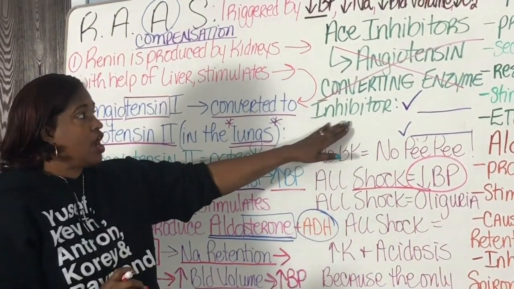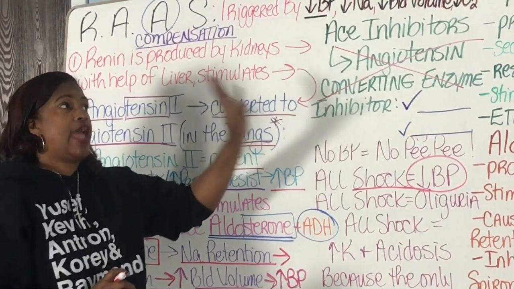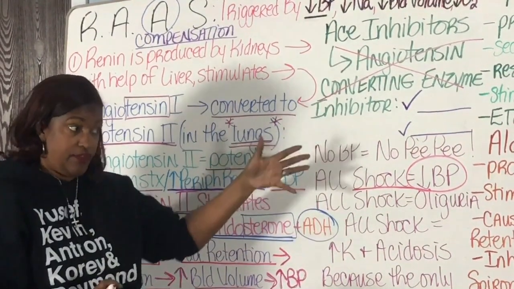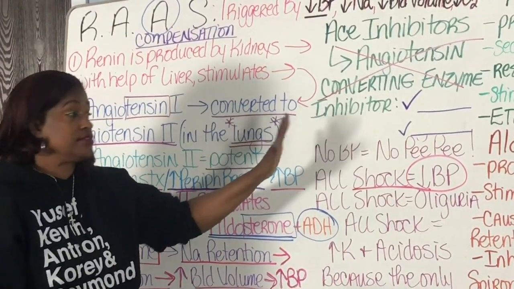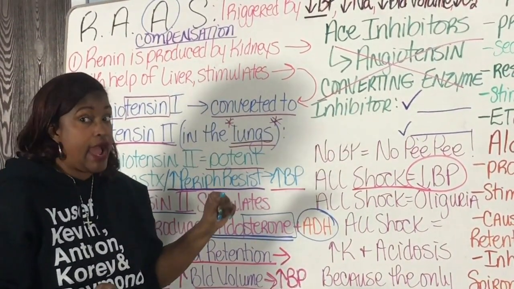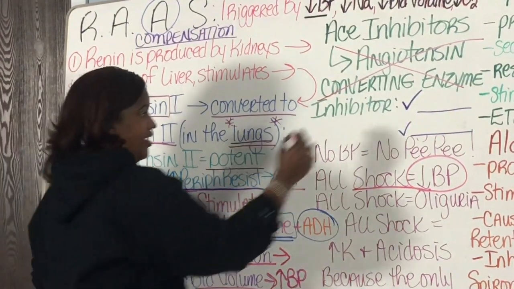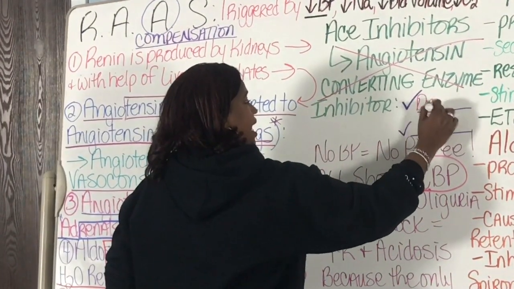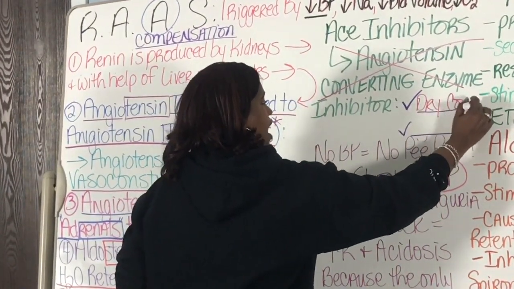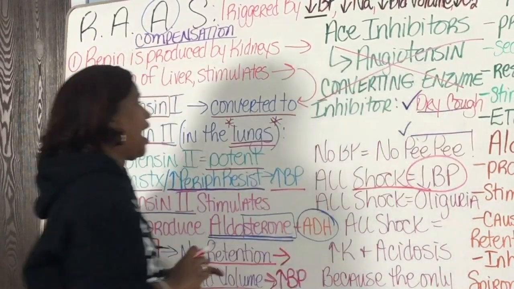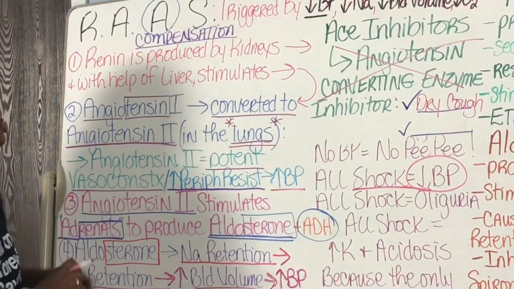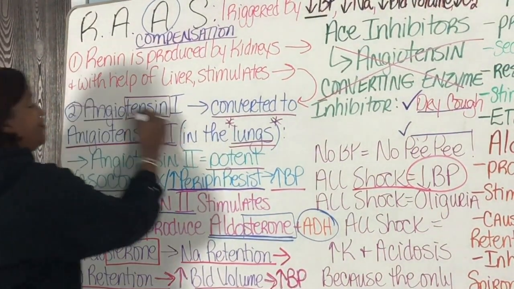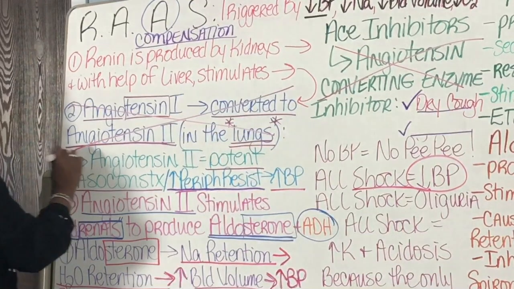Because a patient on an ACE inhibitor, which ends in pril, specifically lisinopril, captopril, and a whole bunch of other drugs, may get that dry cough. They may get that dry cough because these drugs work in the lungs to stop this conversion.